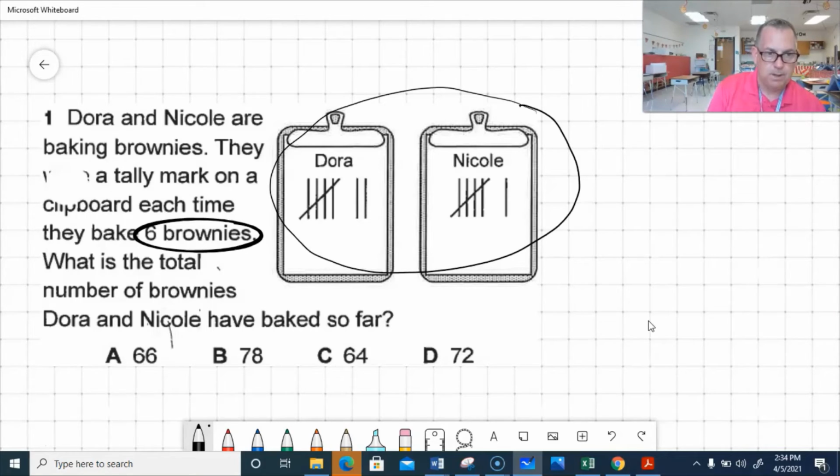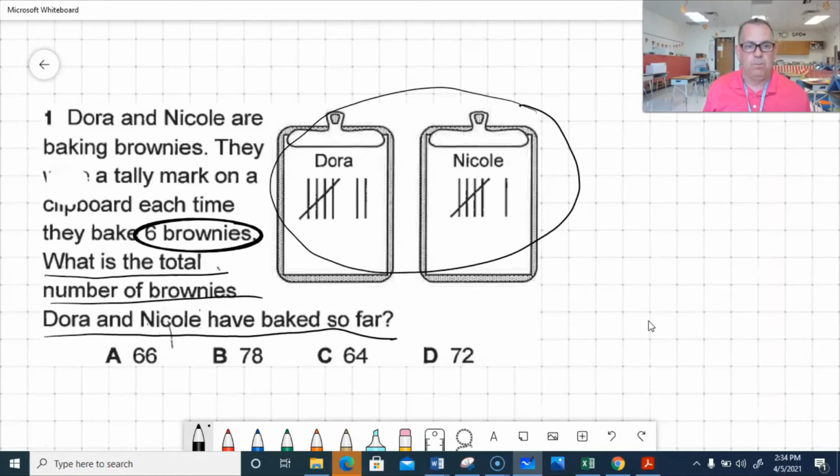It says, what is the total number of brownies Dora and Nicole have baked so far? So we're going to look at this problem right here, and we're going to talk about how many groups there are, how many are in each group, and what is the total.